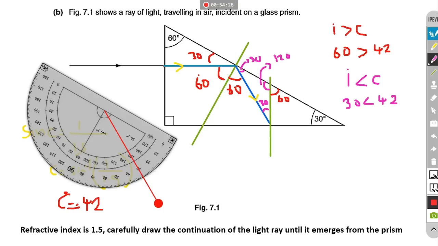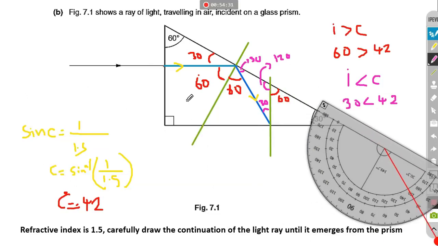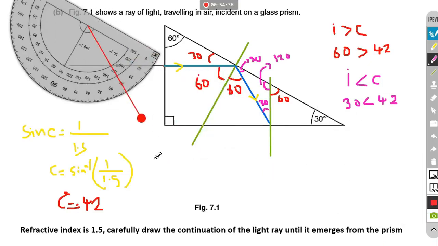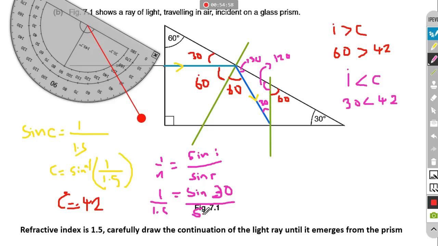And how much refraction? Well, we need to find out. This is now going from glass to air, so we're going to use 1 over n equals sine i over sine r. So 1 over 1.5 equals sine i, which is 30, divided by sine r, the angle that we want to find.